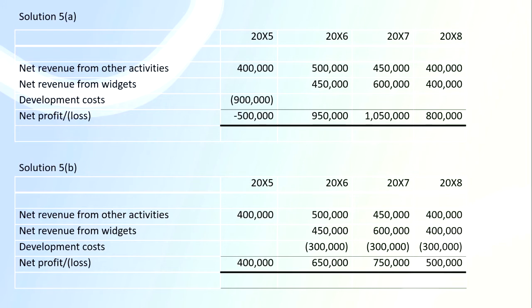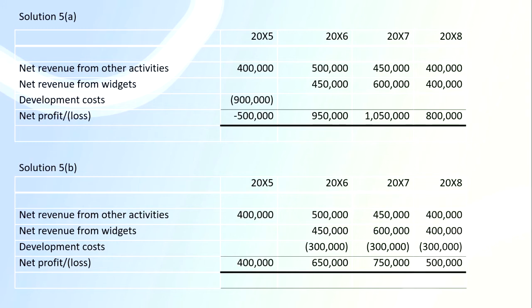of 500,000. As for B, the intangible non-current asset is capitalized, so it is recorded in the Statement of Financial Position at 900,000 in 20X5. In X6, it is now amortized over 3 years. So the first year is 300,000, and the company's profit decreases by the cost.